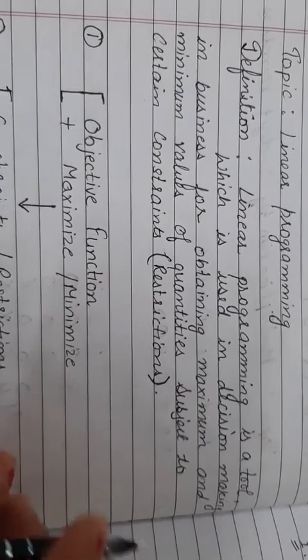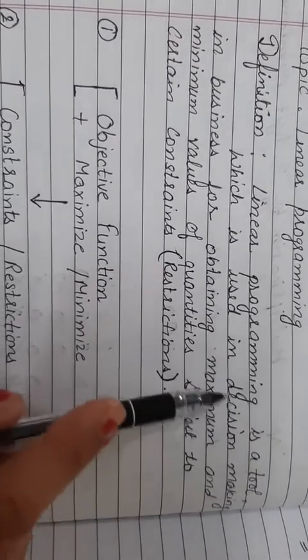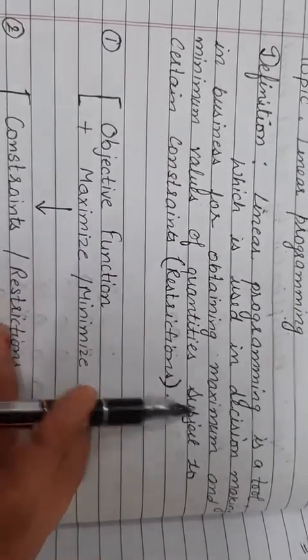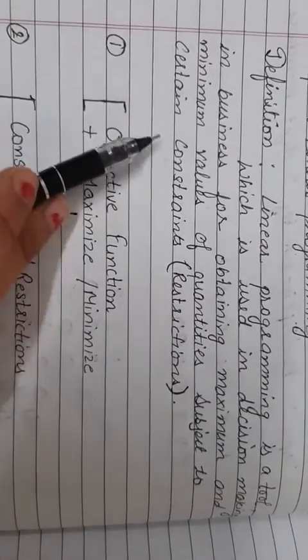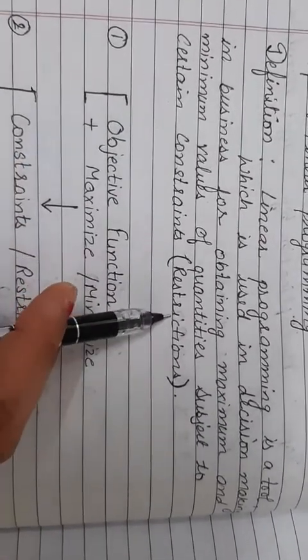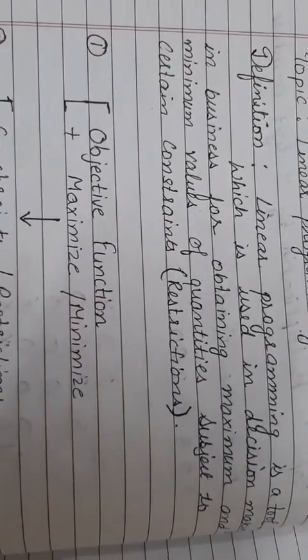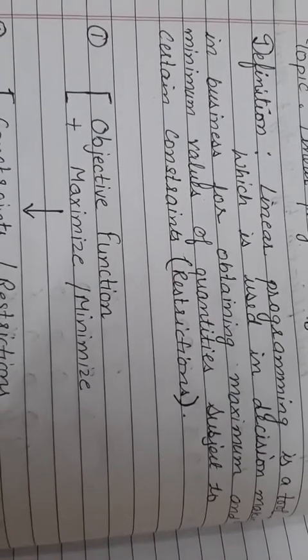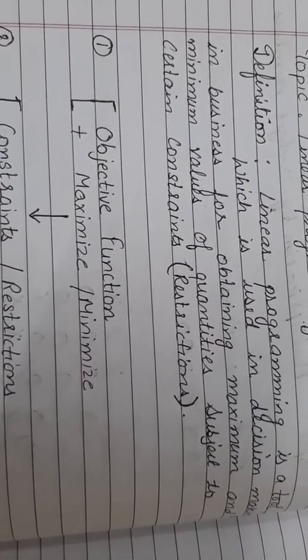See, it is a tool which we are using in decision making in business for obtaining maximum and minimum values of quantities subject to certain constraints, that means restrictions. Yesterday, I told you one example that is about a business only. If in a factory there are some laborers and there are few machines, they are restricted.